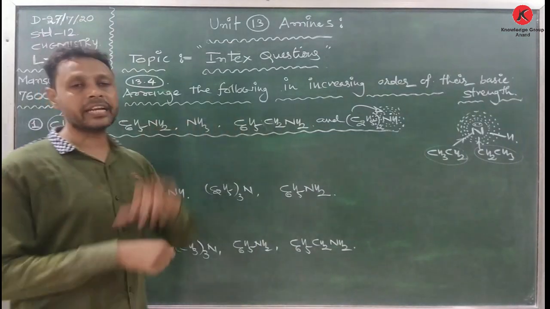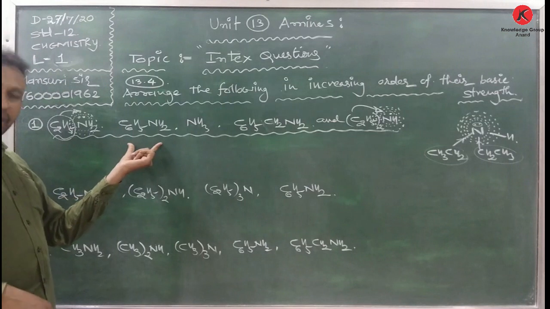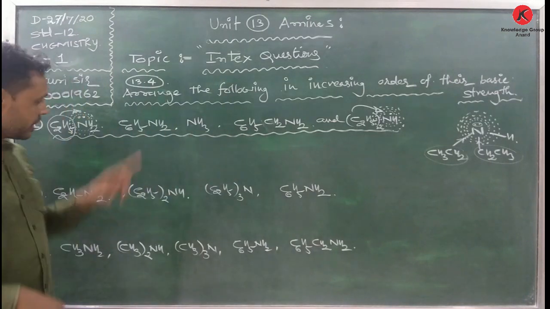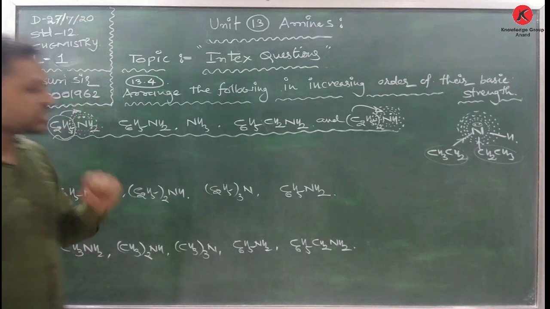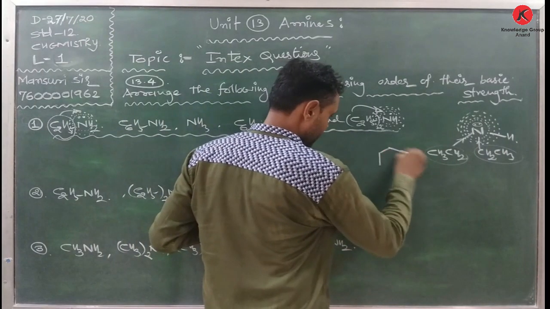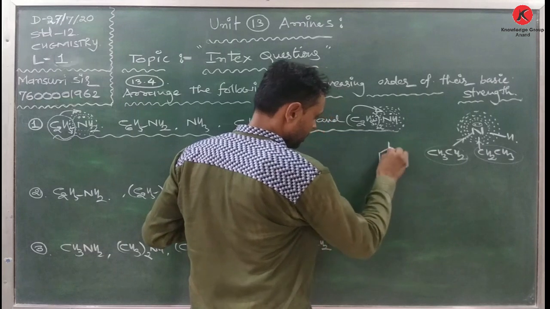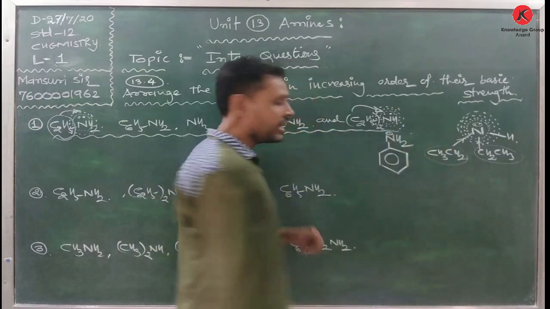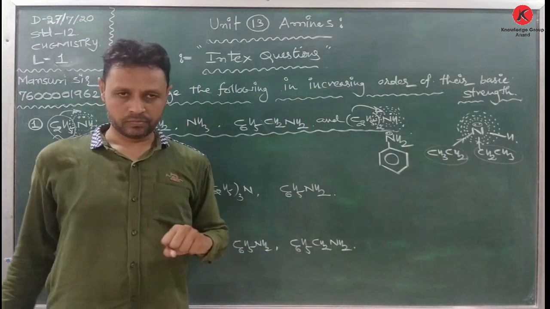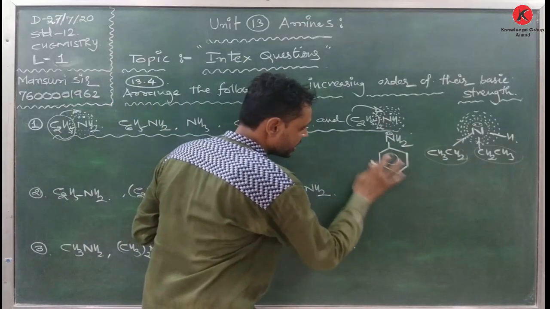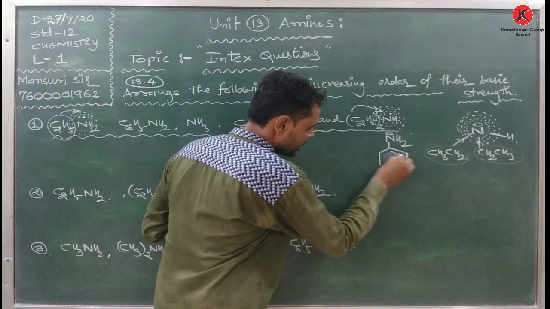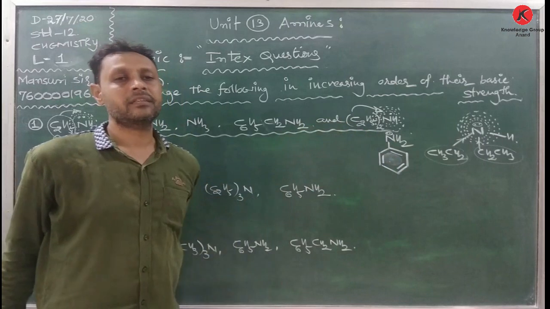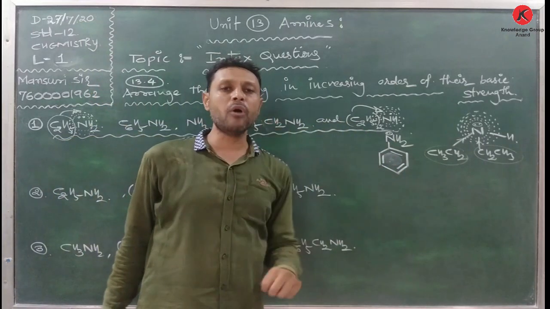Now in this category, the aromatic amine, that means aniline, benzyl amine and ammonia. Now you can see benzene like this. This is aniline. Due to the resonance structure, you can see the benzene ring which has three pi bonds.